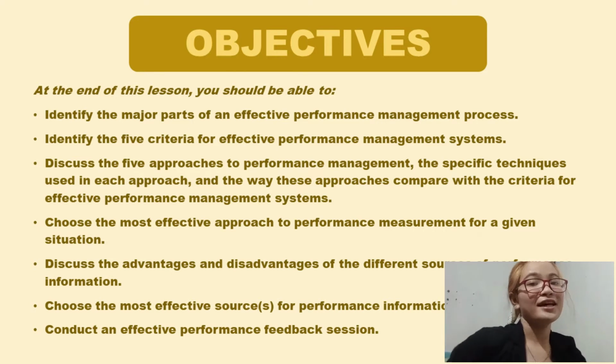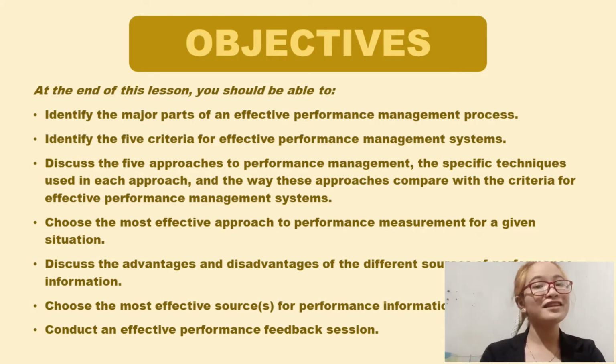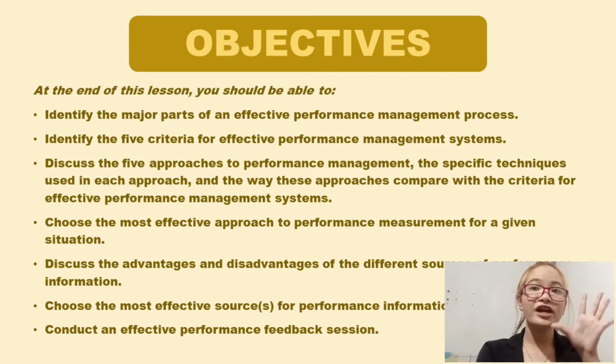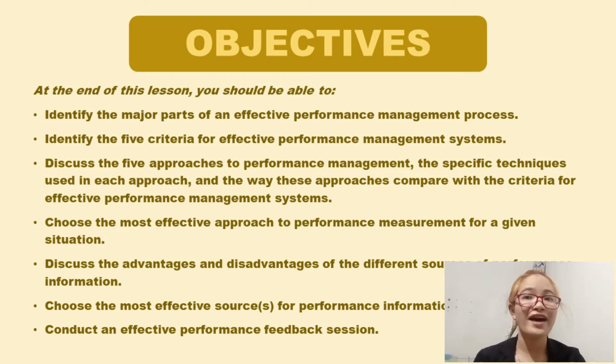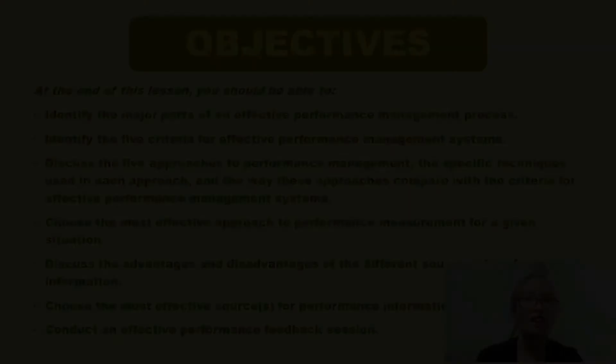At the end of this lesson, you should be able to identify the major parts of an effective performance management process. Second, identify the 5 criteria for effective performance management systems. Third, discuss the 5 approaches of performance management, the specific technique used in each approach, and the way these approaches compare with the criteria for effective performance management systems. Fourth, choose an effective approach to performance management for a given situation.